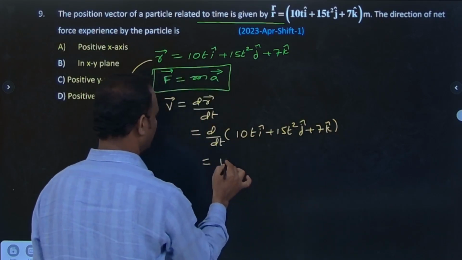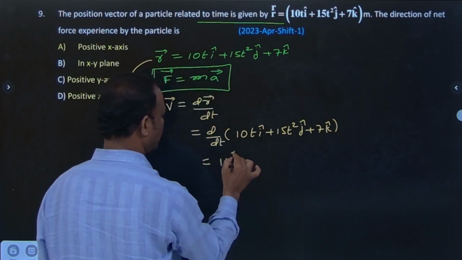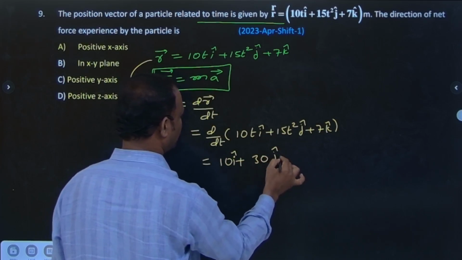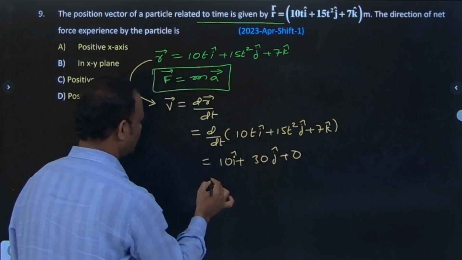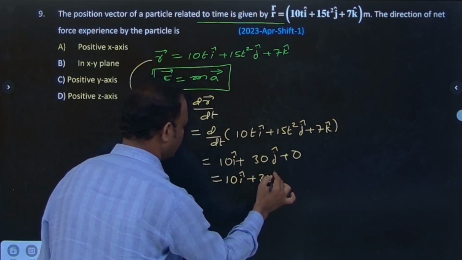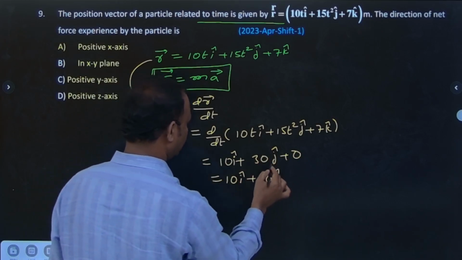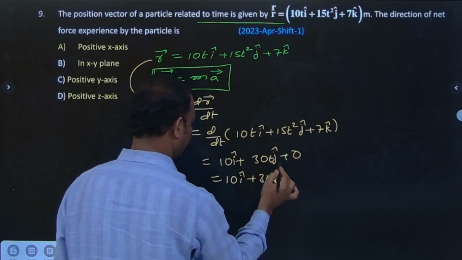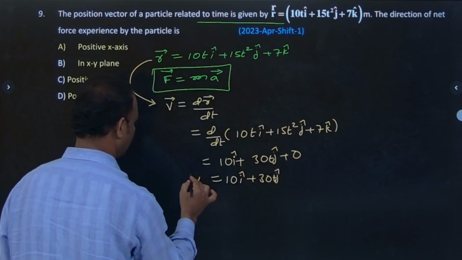So this is 10 i cap plus 15 twos are 30t j cap plus 0. This is velocity.